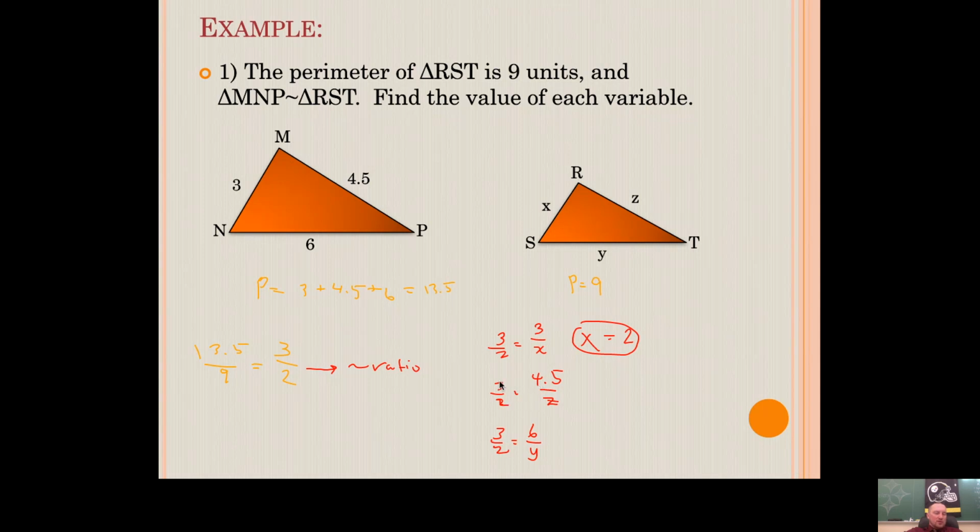So we're going to multiply there and then divide by 3. 9 divided by 3 is 3. 6 times 2 is 12. 12 divided by 3 is 4. Those are our side lengths. Now we can double check. 2 plus 3 plus 4 equals 9. So that sounds pretty good.